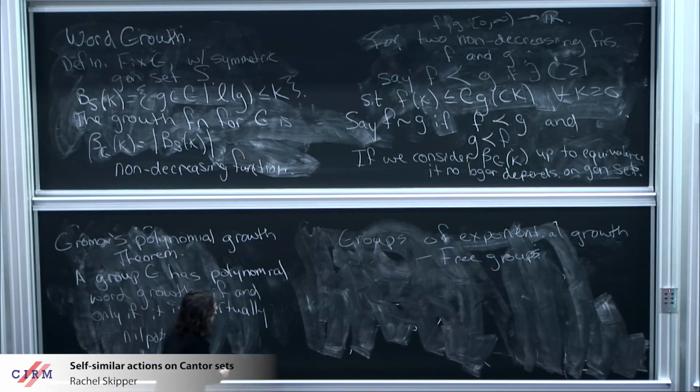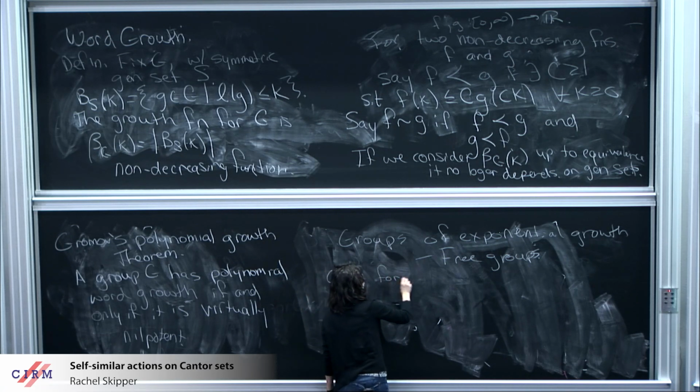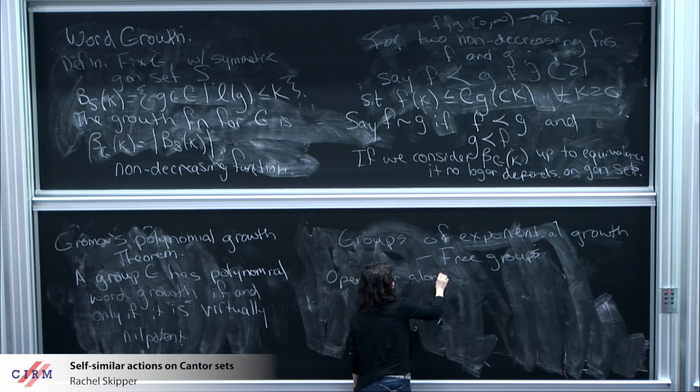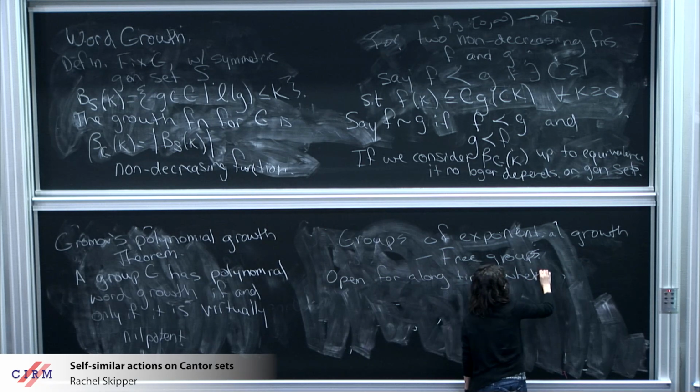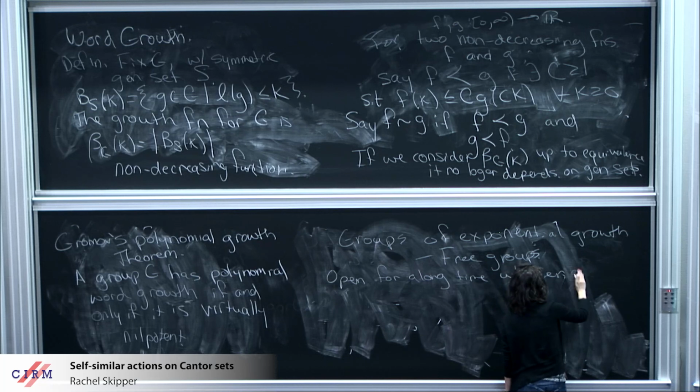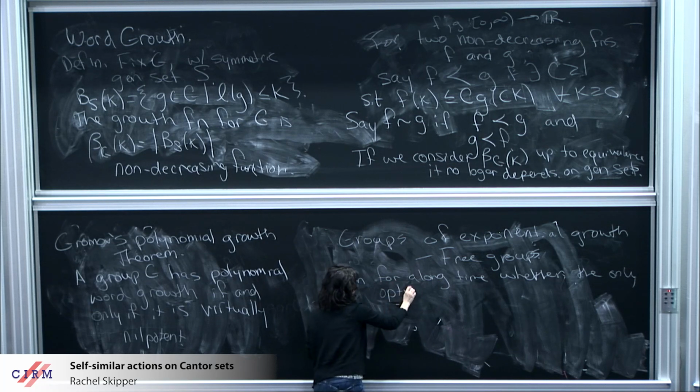But it was open for a long time whether or not these were the only two options, whether the only options were polynomial or exponential.